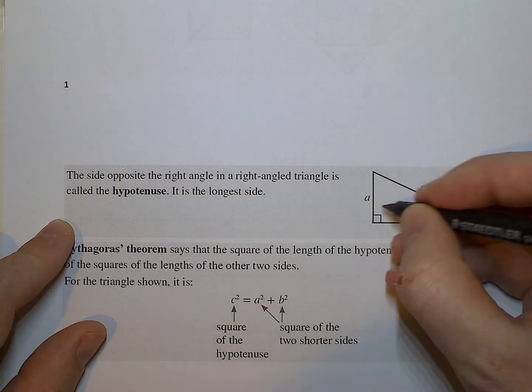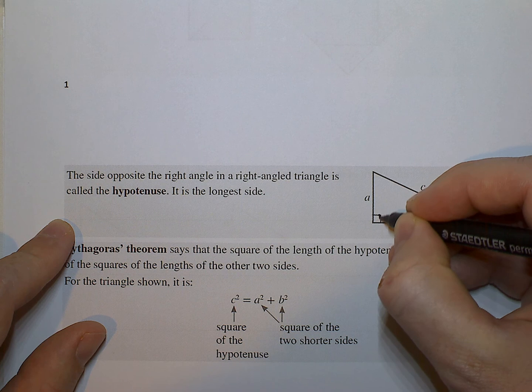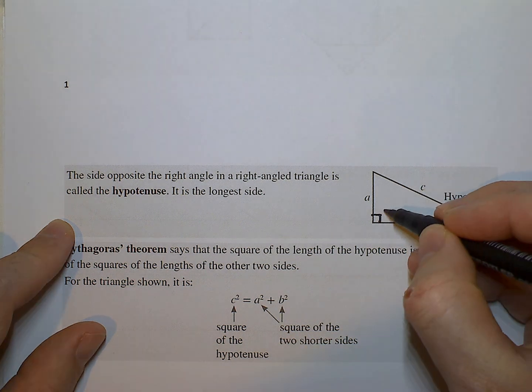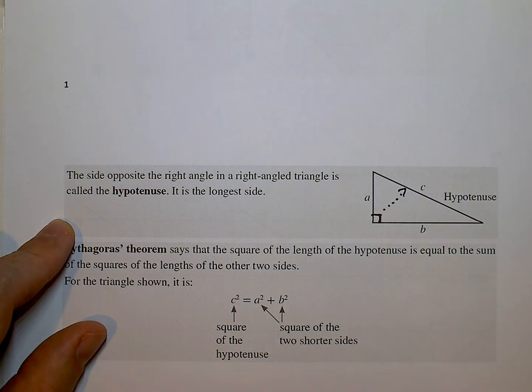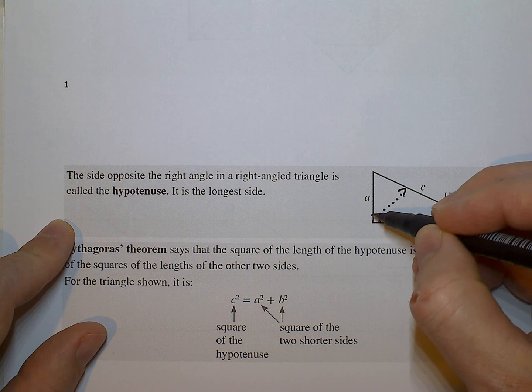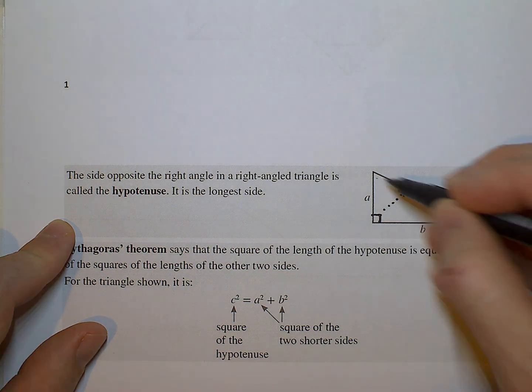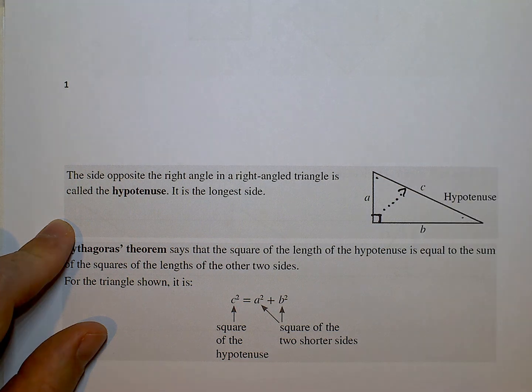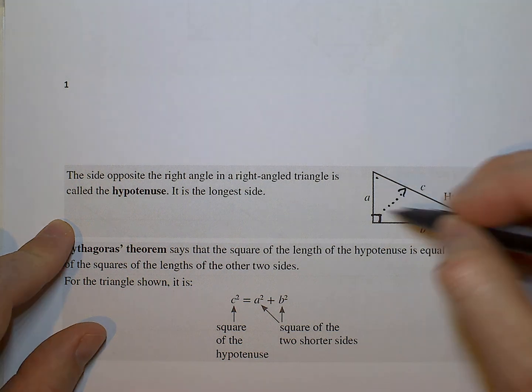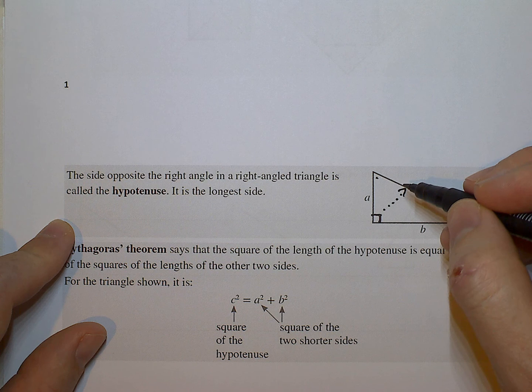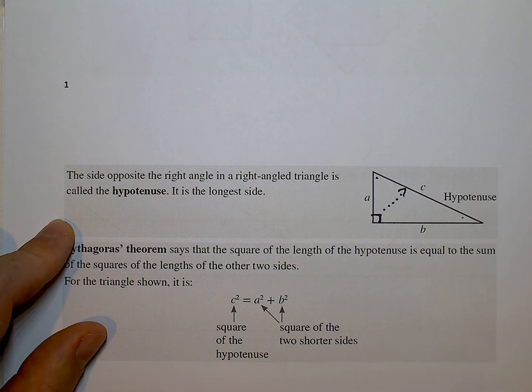So, if we have just here our right angle, opposite our right angle, the opposite side is the hypotenuse, and it is the longest side. The reason being, this is the largest angle, this 90 degrees. These two angles can only add up to 90 because the interior angles of a triangle have to add up to 180.